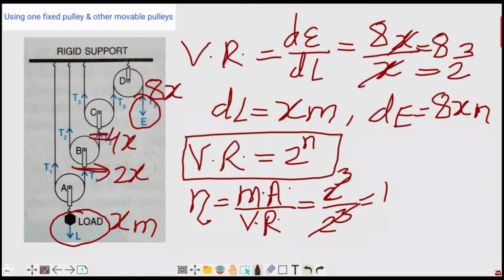So your efficiency is 1 or 100%. But in actual practice, due to friction in the bearing of the pulley and the weight of the pulley as well as the string, efficiency is never 100%. It is always less than 100%.